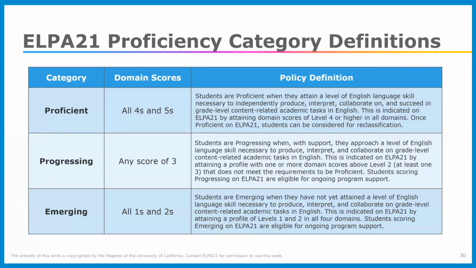Earlier, we looked at the policy definition of proficient and located that information on the individual student report. We just looked at the two other proficiency categories. This table is a larger view of what I just showed you on the individual student report. Here are all the proficiency categories together: proficient, progressing, and emerging, along with their policy definitions.